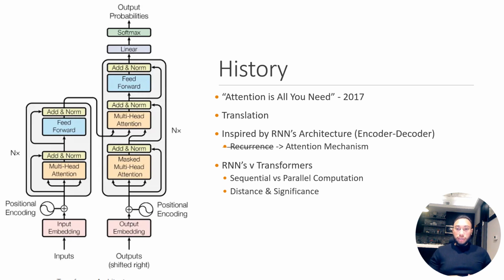But the two main reasons why the transformers were actually created and why they were a little more favored in terms of the RNNs, at least in this paper, the way that it's described, is number one, because of the difference of being able to compute in parallel. So with RNNs, an input or a sequence was able to be computed only in a sequential manner.